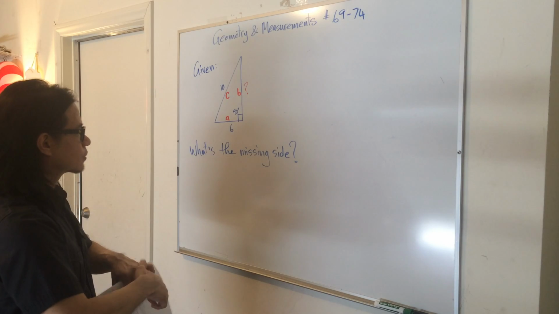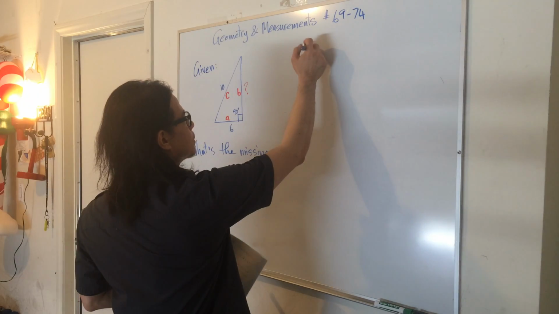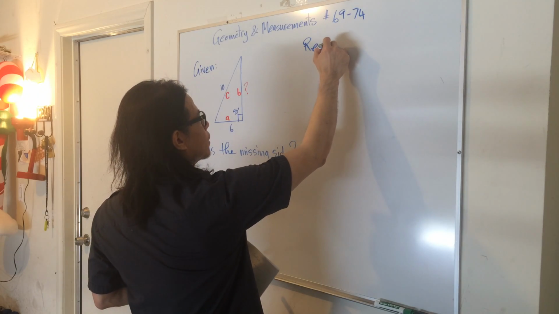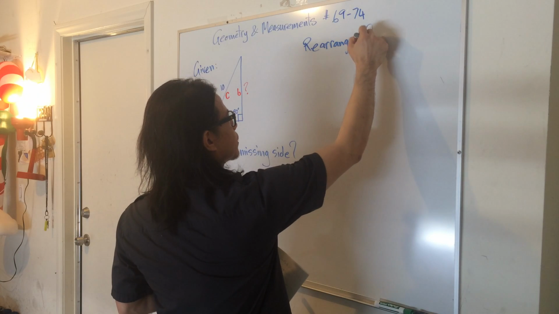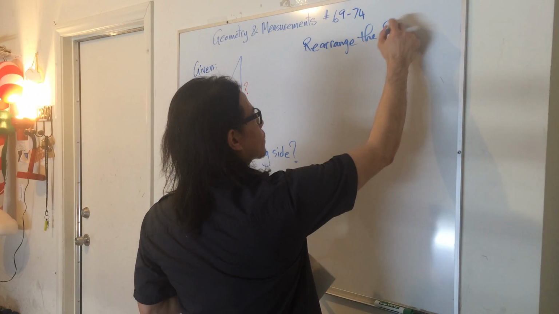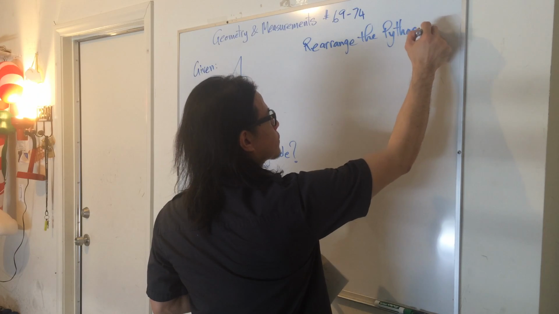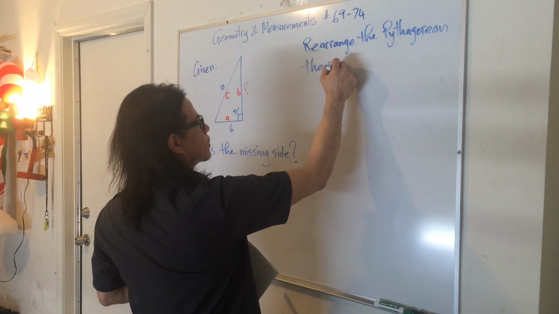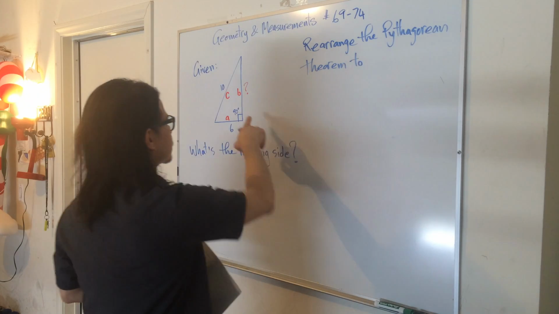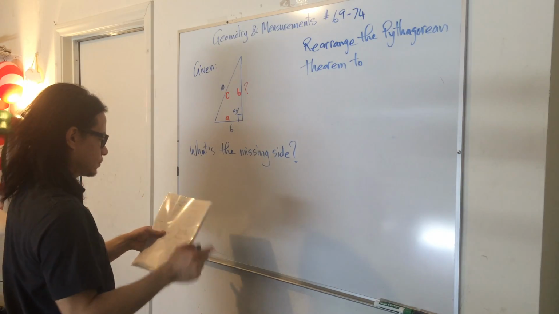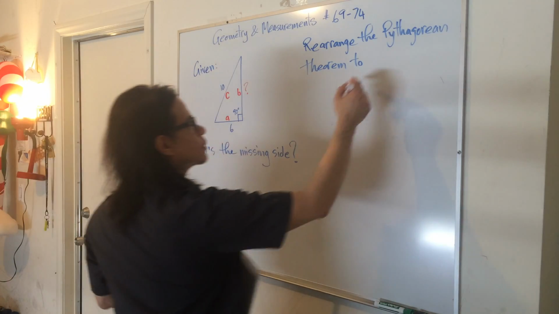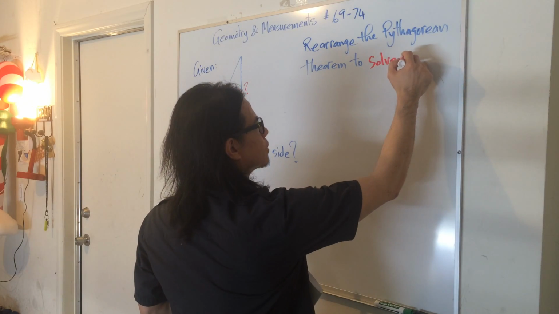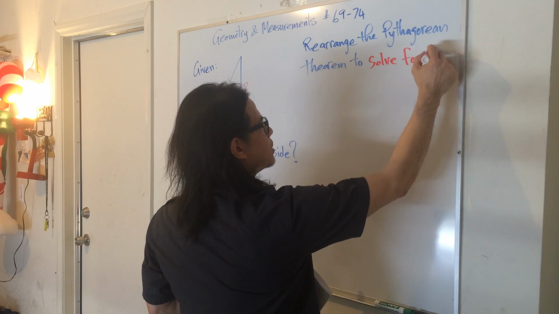So in order to do this, let's rearrange the Pythagorean theorem to solve for B. Okay, so our goal is to isolate B. Get B by itself.